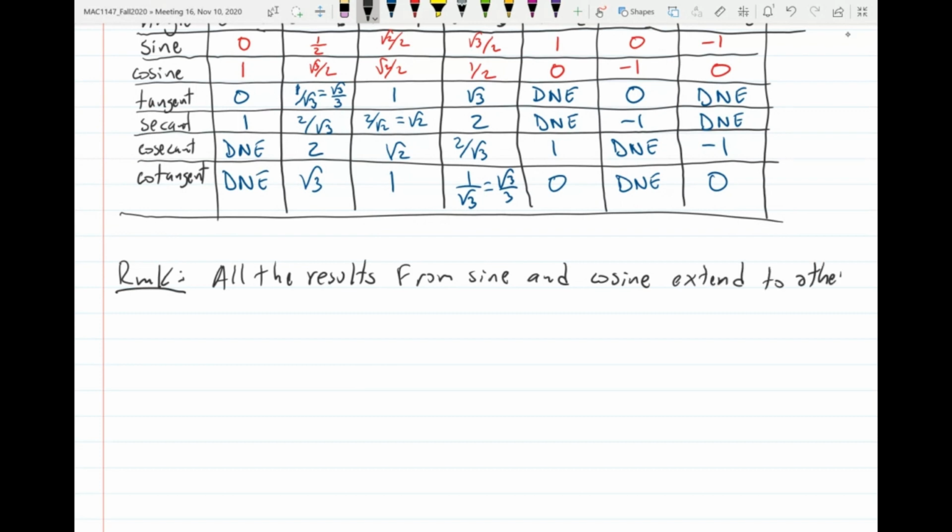In other words, the reference angle business, all of that extends to the other trigonometric functions. The coterminal angles, that they have the same value at coterminal angles, etc. All the results from sine and cosine extend to the other trigonometric functions.